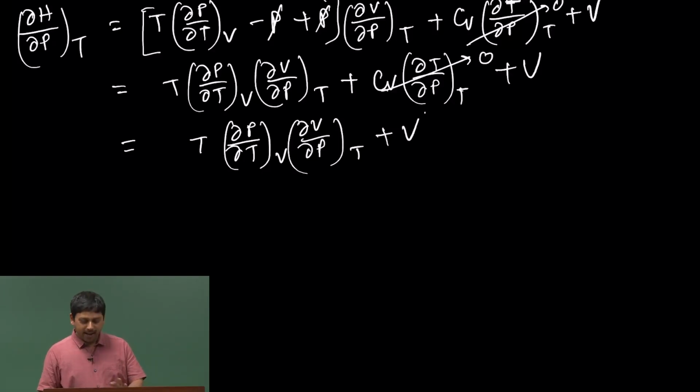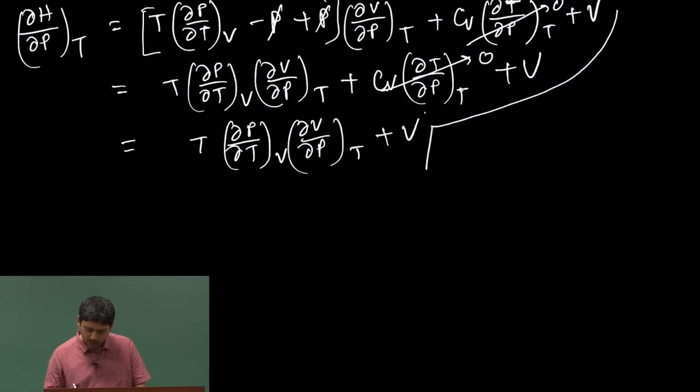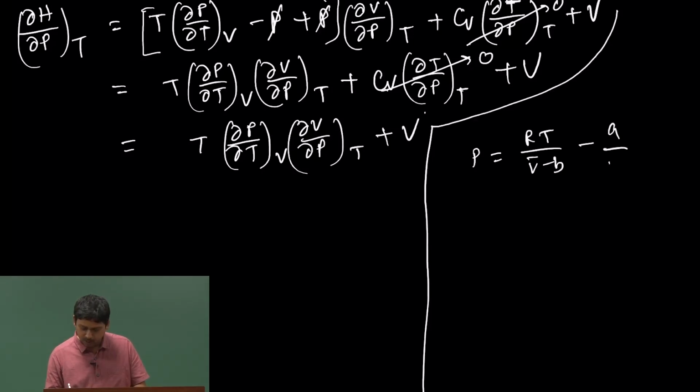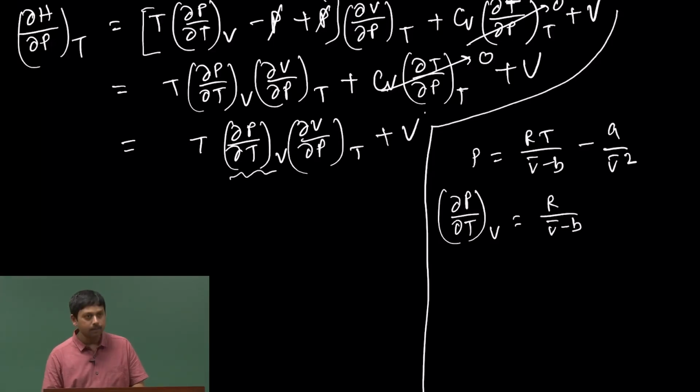Now, we are going to go back and derive this quantity for the ideal gas and the van der Waals gas situation, and we know how to do that now. P equals RT by V minus b minus a by V square. So, I am going to take the derivative with respect to T now at a constant volume, which means I am going to get R by V minus b, this quantity.